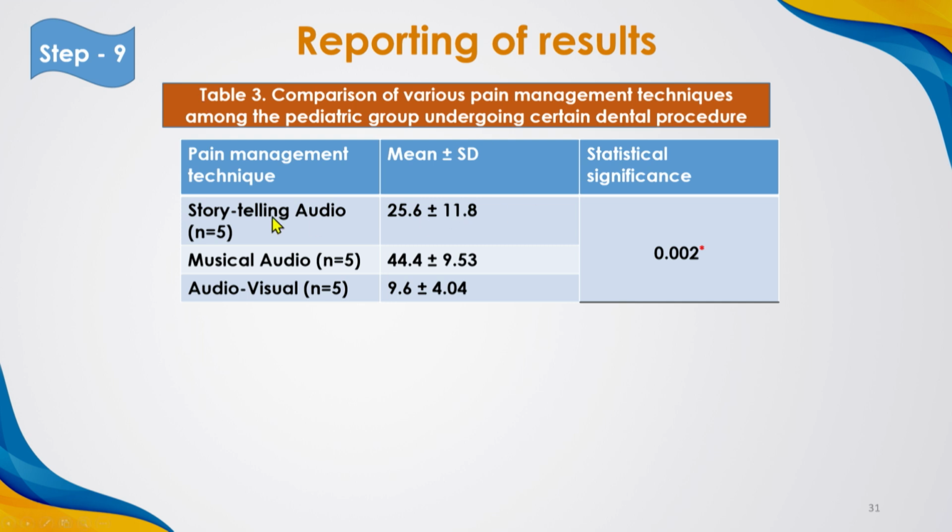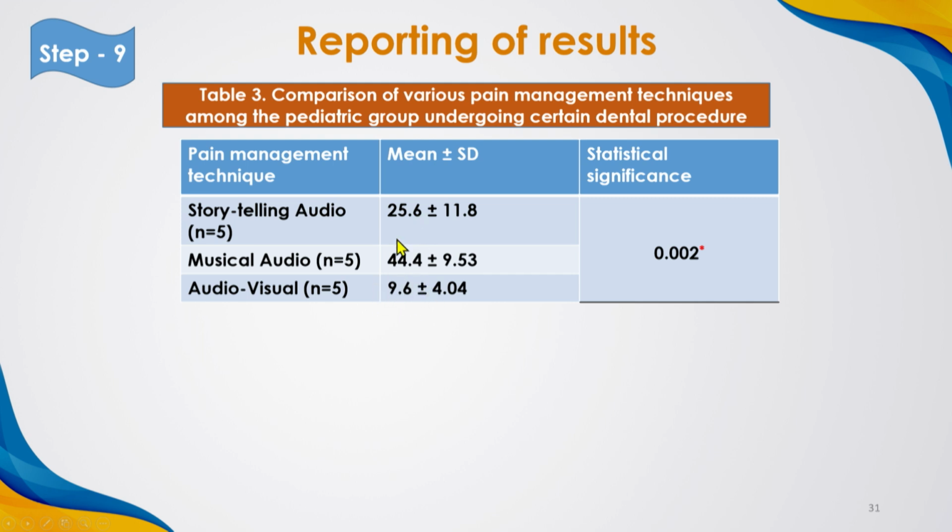So, we can see that the children undergoing storytelling audio have a score of 25.6, whereas musical audio has a score of 44, and the audio visual group has a score of 9.6.